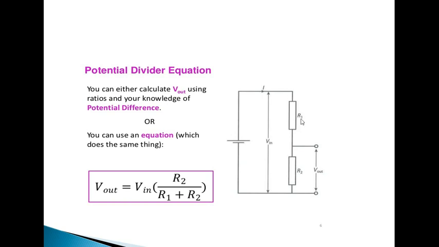That means the voltage drop across R1 is I into R1. Similarly, the voltage measured across R2 is I into the resistance value of that resistor, that is R2. So V out will be I into R2.